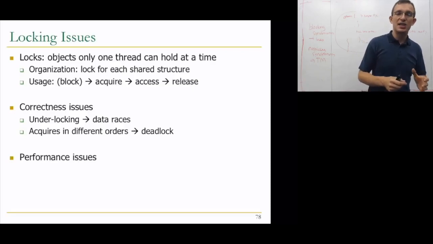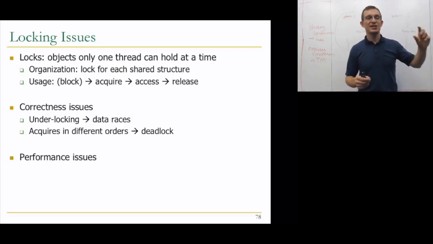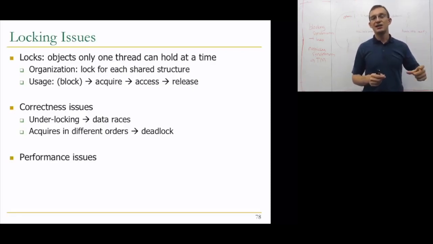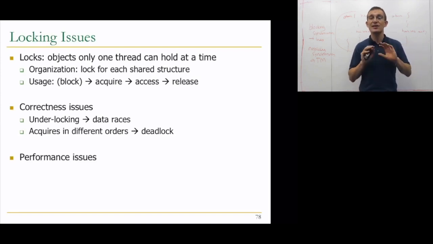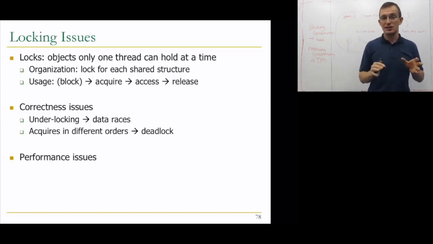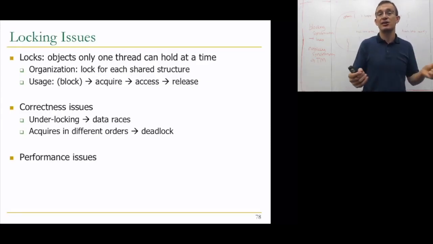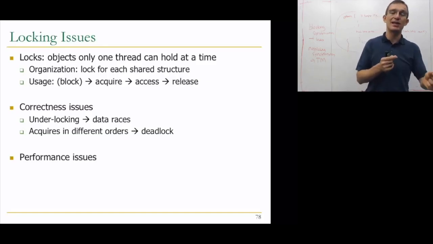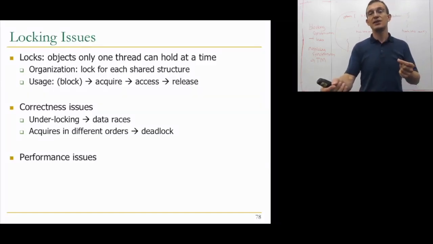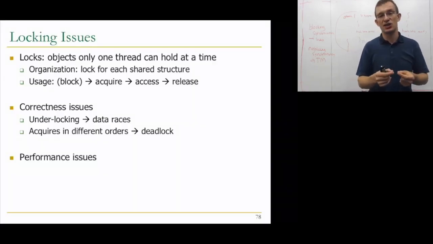So data race means basically you have accesses to shared data that are done concurrently by different threads. This is not necessarily a bad thing, right? For example, accesses to locks are actually data races, right? When somebody is writing, some other thread may be reading from it, and that data race is necessary for synchronization.